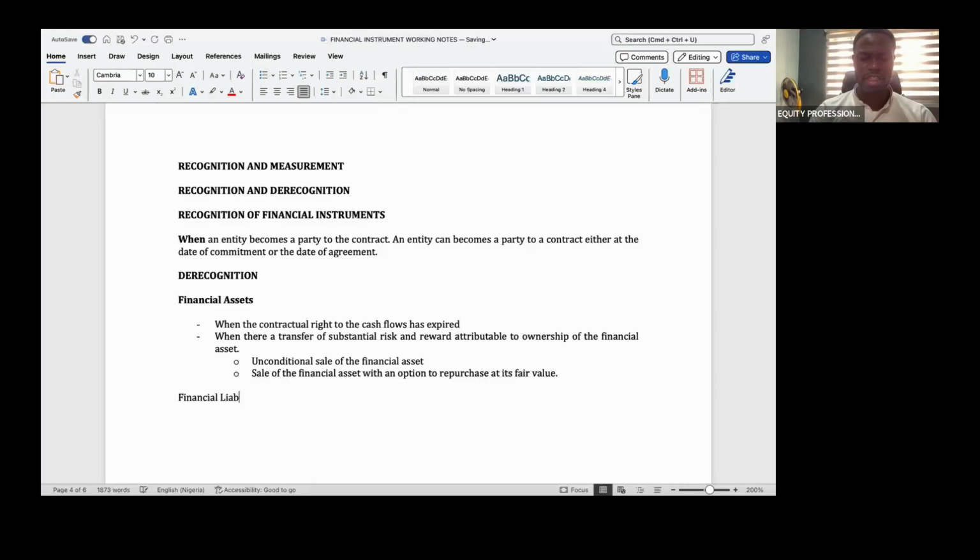Another one is financial liabilities. How do you recognize your financial liability? Again, looking at the definition of a financial liability, which is a contractual obligation to deliver cash. So you can derecognize that financial liability when the obligation in the contract has been extinguished.